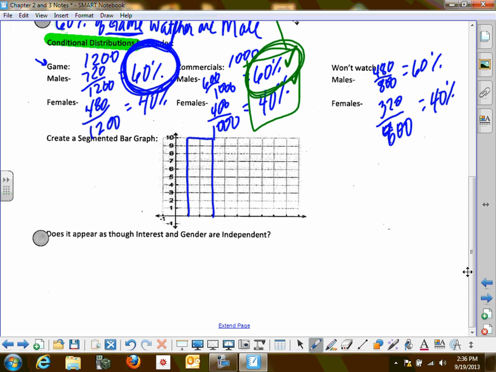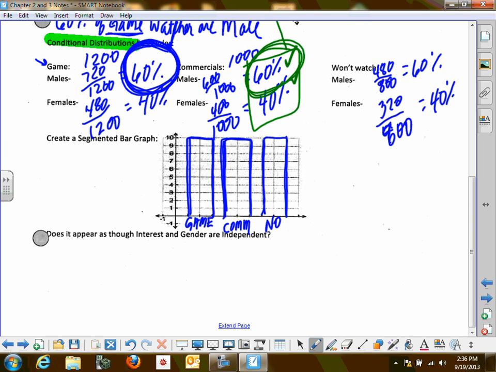This bar is 100% of the game watchers, the ones that watch for the game. This bar here is 100% of the ones that watch for the commercials. This last bar is the entire 100% of the ones that do not watch.